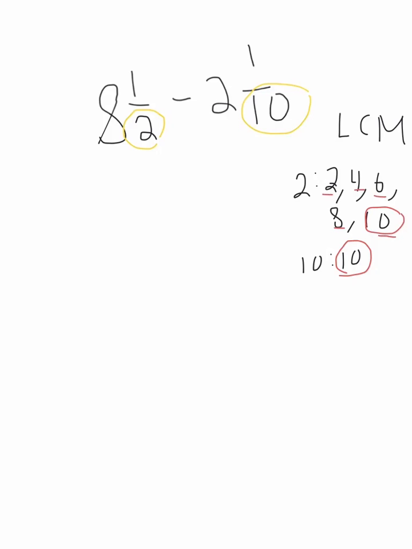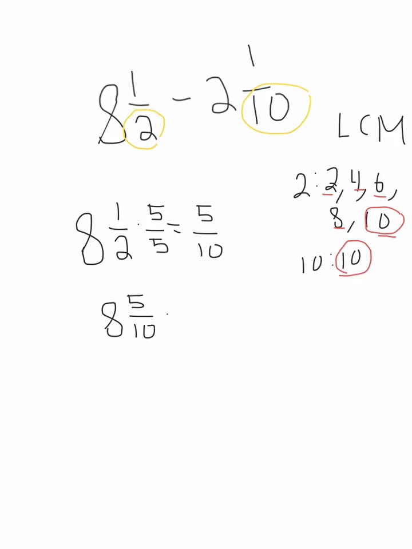So I'm just going to leave this 8 here because it's the whole number, but then I'm going to focus on the fraction, 1/2. 1/2 times 5, because 2 times 5 is 10, and what I do to the bottom, I have to do to the top to keep the fraction equivalent. Now I have 1 times 5 is 5, 2 times 5 is 10. So now I have 8 5/10 as my new fraction, minus 2 1/10.